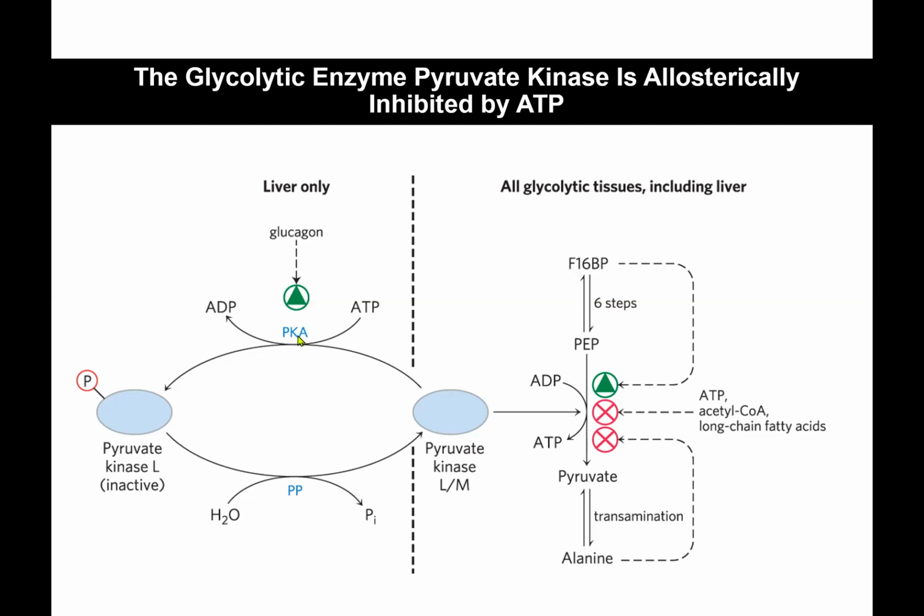Now, PKA, just to be clear because there are abbreviations, is protein kinase A, and it operates as a kinase, as Alexander pointed out, to phosphorylate this enzyme. For every enzyme we look at that's regulated through phosphorylation, it's very important to keep in mind that phosphorylation can be activating for some enzymes and inactivating for other enzymes.